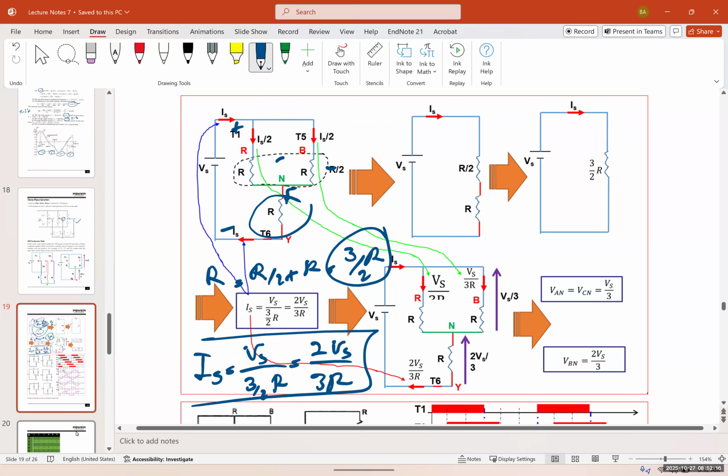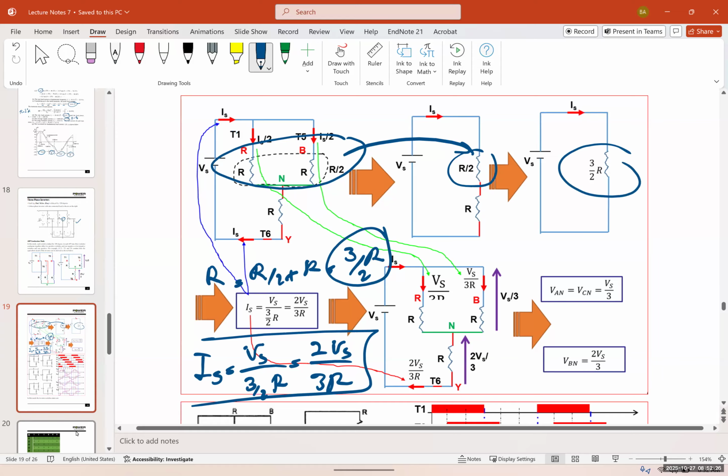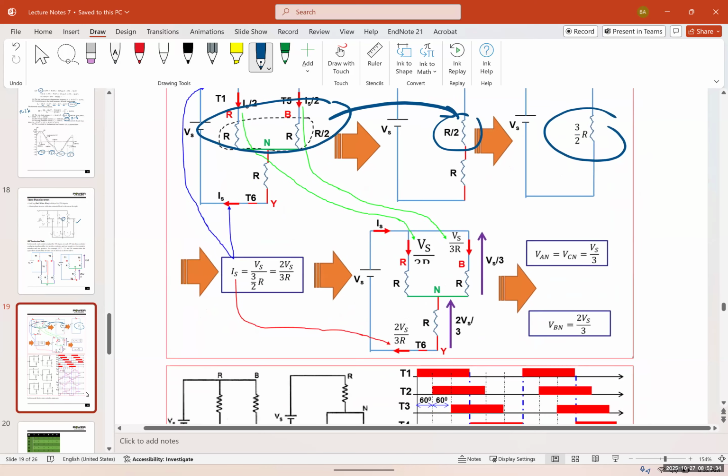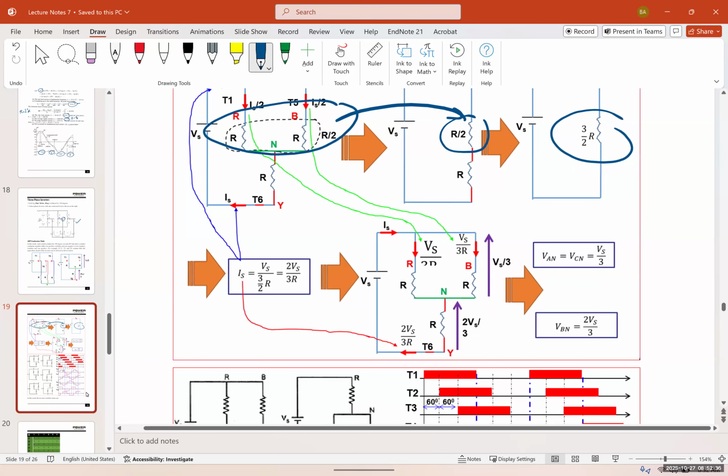In the picture, it's actually drawn better. You can see that we combine these 2 R's, and by adding all the R's, we have the total R. And finally, we have IS. We can also find each phase voltage: VAN, which is equal to VCN, is going to be Vs over 3, and VBN would be 2Vs over 3.